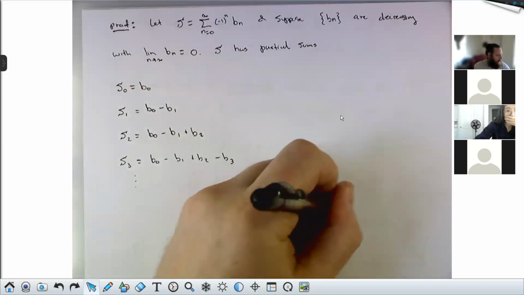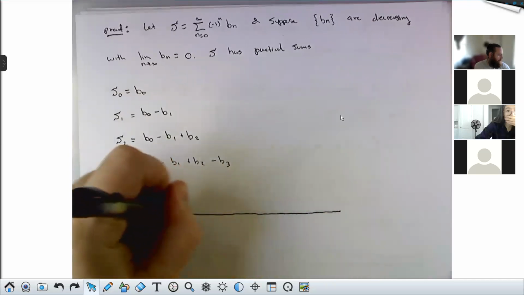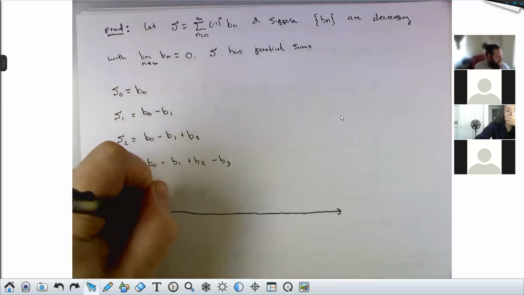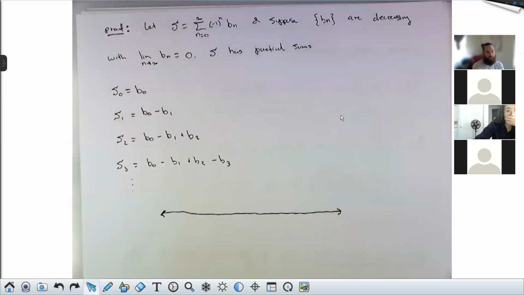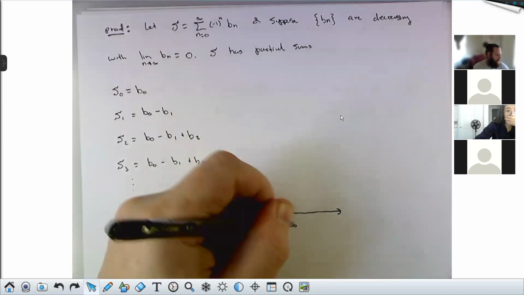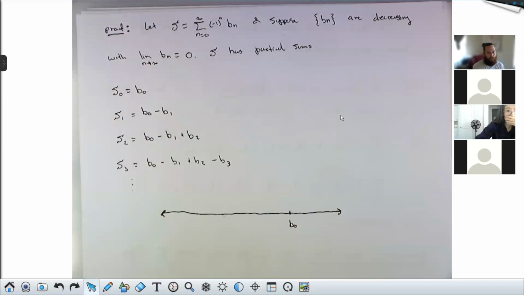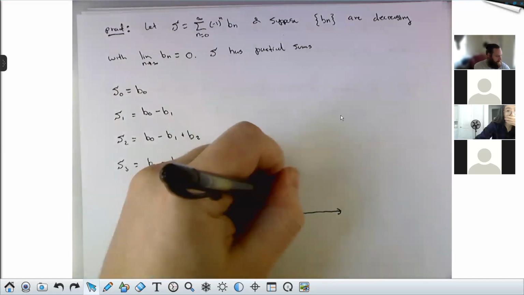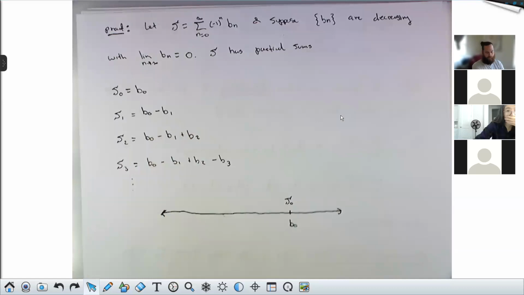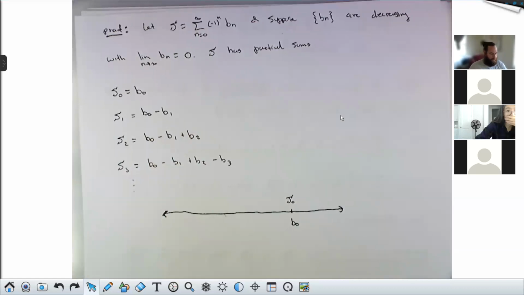I'm going to plot these partial sums on a number line. All right, so here's the number line. And I'll just say B0 is over here somewhere. So that's S0. To go from S0 to S1, well, what's the difference?